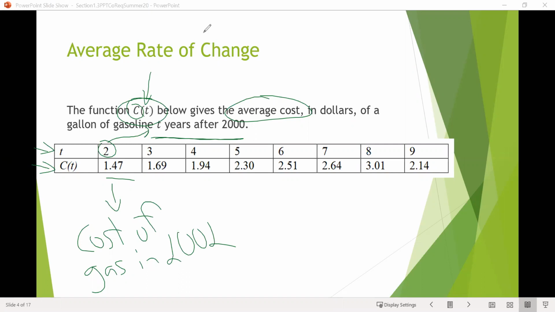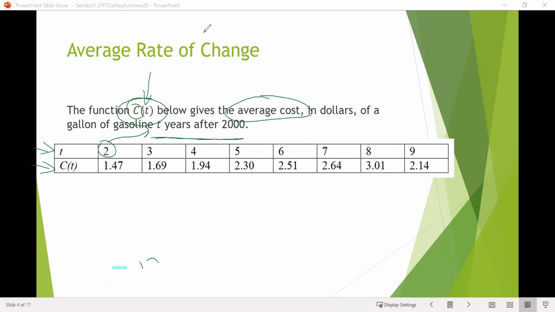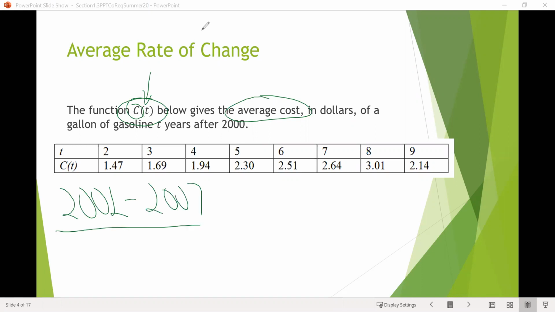And so what I want to look at here is the rate of change of this function over a few specific intervals. First, the rate of change from 2002 to 2007. Remember, a rate of change is related to change in outputs over change in inputs. So I'm comparing these values here, 2 and 1.47, to 7 and 2.64.